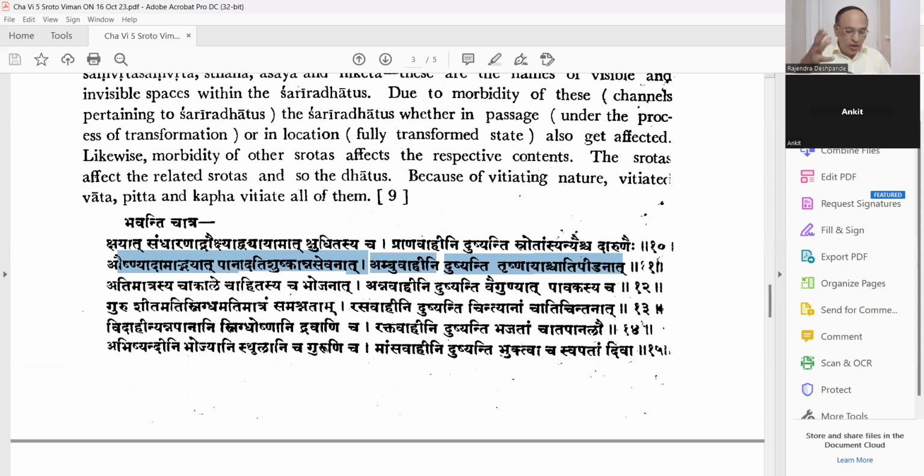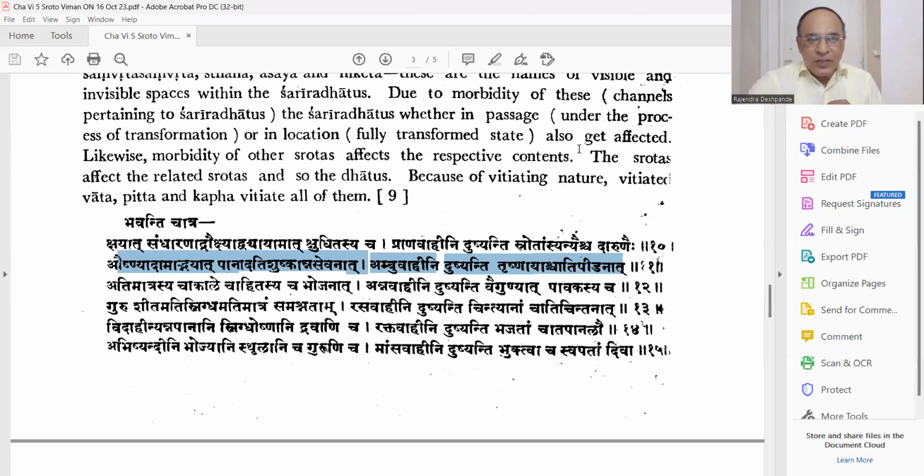Aukshnya: increase, please write down, increase of ushna guna, heat, in the body due to consumption of substances which are pitta prakopak ahar and vihar.